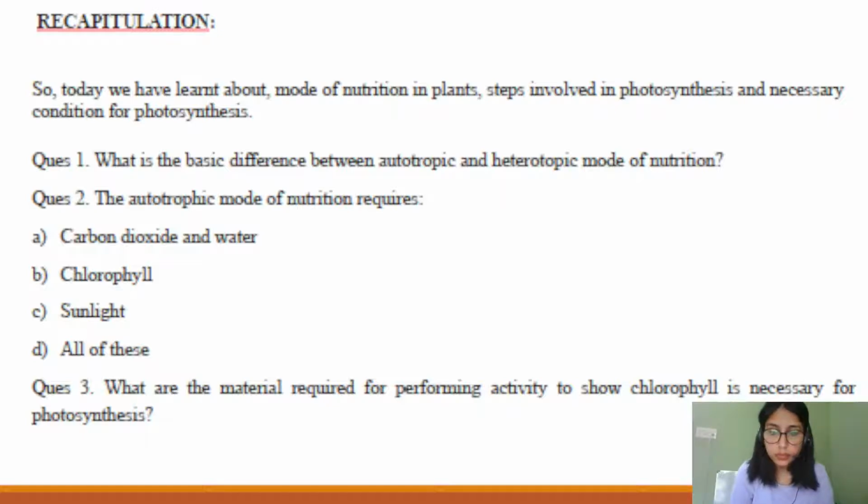So we require a leaf which is green in one part, while the other part is undergoing necrosis or is affected by some microbe, right? Then we'll require the iodine solution for it, and alcohol to remove the chlorophyll.